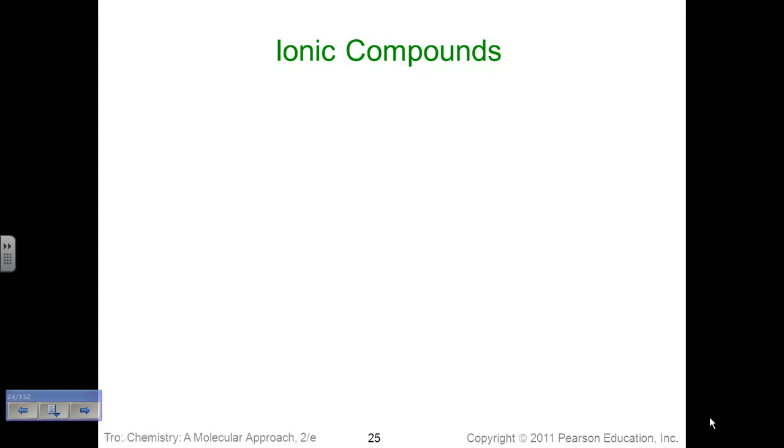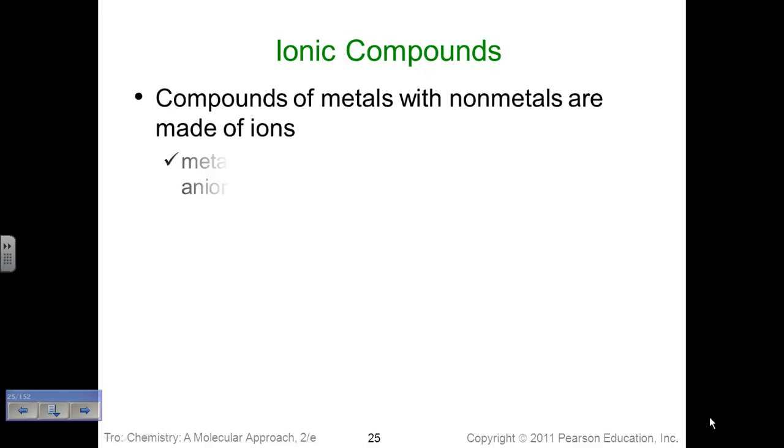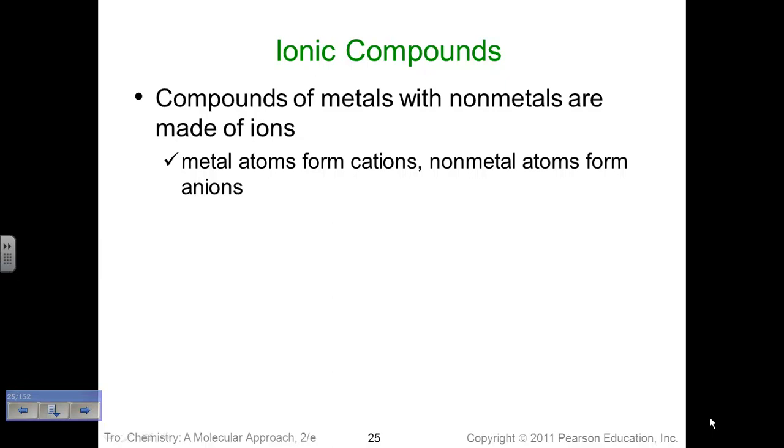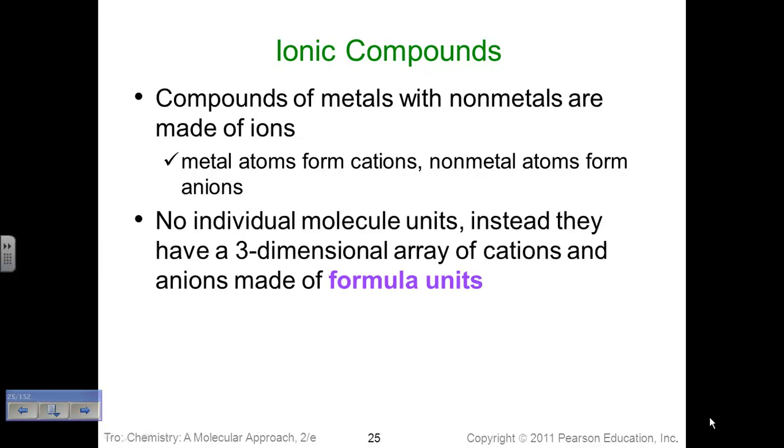Ionic compounds. Thinking about the metals losing and the nonmetals gaining electrons, we start to consider how ionic compounds come together to create an electrically neutral compound. When metals combine with nonmetals made of ions, metals, those elements that are always found to the left of our periodic table, to the left of that border that separates metals from the nonmetals, will always lose electrons to form cations.